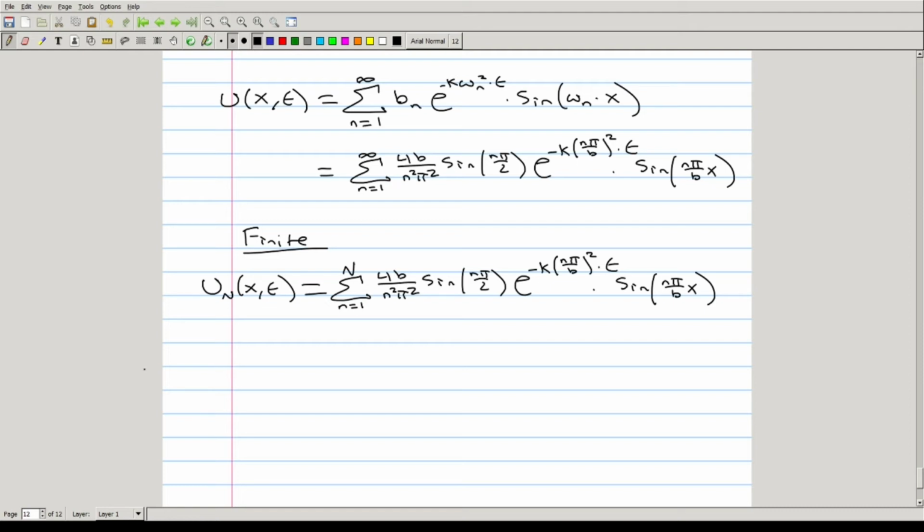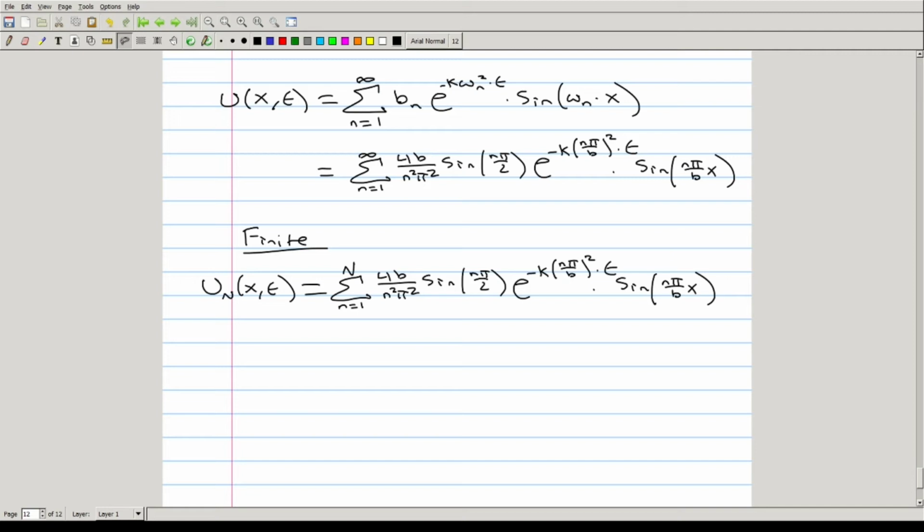It's not as much of an issue with the heat equation, but we will see that when we plot our solution to the wave equation with a discontinuous or poorly chosen initial condition. However, this sum converges to the exact solution as n goes to infinity.